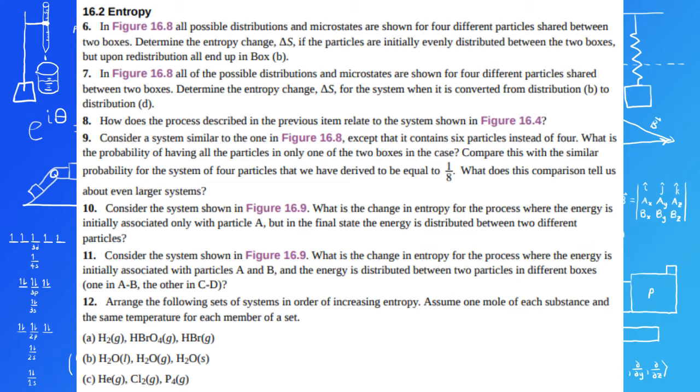Anyway, moving on. Number 9, consider a system similar to the one in figure 16.8, except that it contains 6 particles instead of 4. What is the probability of having all the particles in only one of the 2 boxes in this case? Compare this with the similar probability for the system of 4 particles that we have derived to be equal to 1/8. What does this comparison tell us about even larger systems?